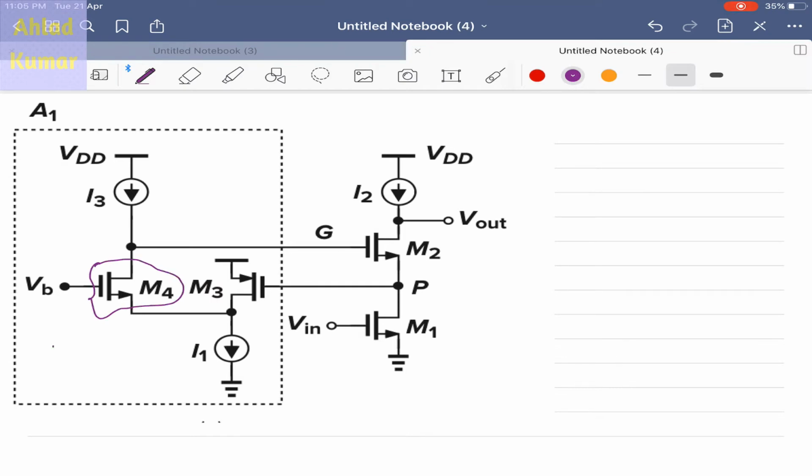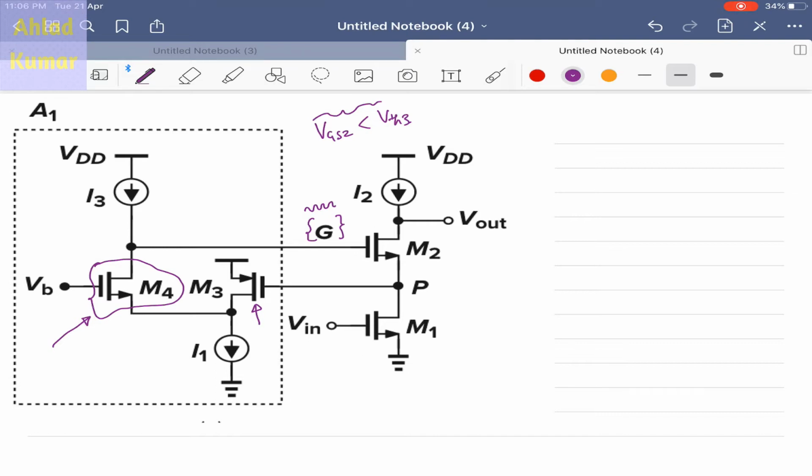This additional transistor M4 is lifting up the range for this gate voltage. Earlier the fluctuation in the gate voltage was very limited, and what was the constraint? The constraint was that this gate to source voltage has to be less than VTH3 for M3 to work in saturation, and this is a very narrow region as discussed.